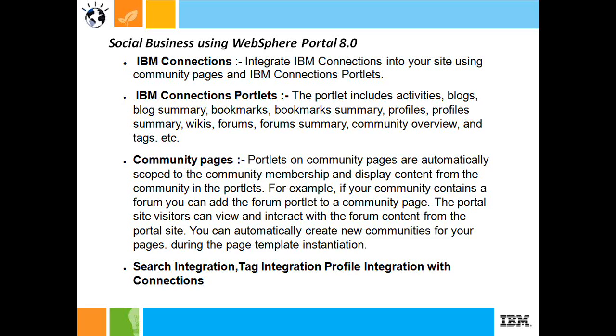I'm not going to go into detail of what each portlet does, but there is a seamless integration between IBM Connections and IBM Portal. We are not going to talk about what IBM Connections is, but in a gist, it gives me tools for collaboration: blogs, bookmarks, profiles, wikis, forums, which I am going to use.